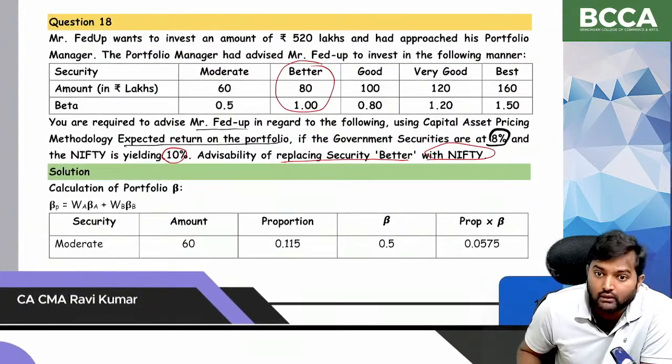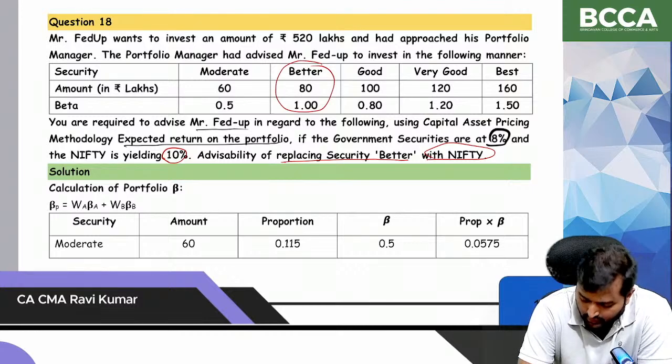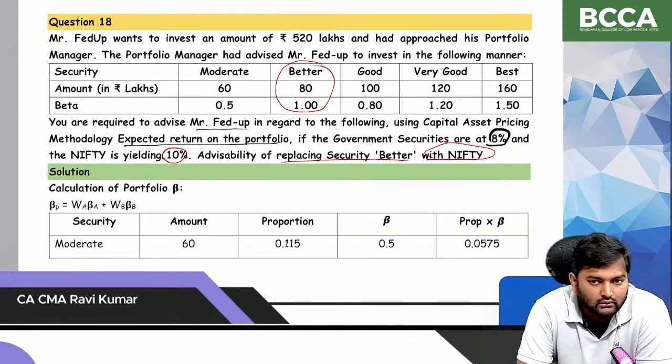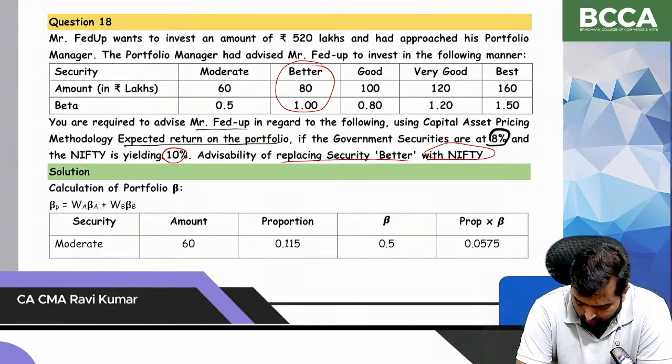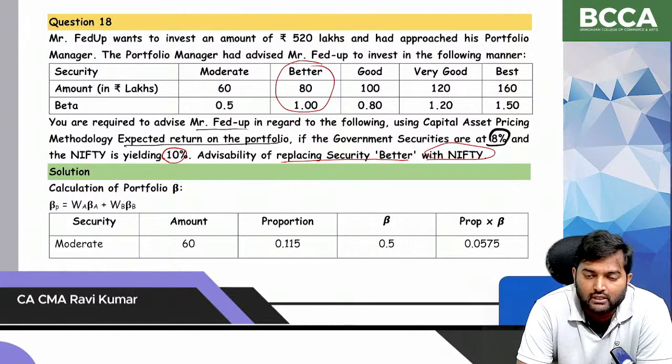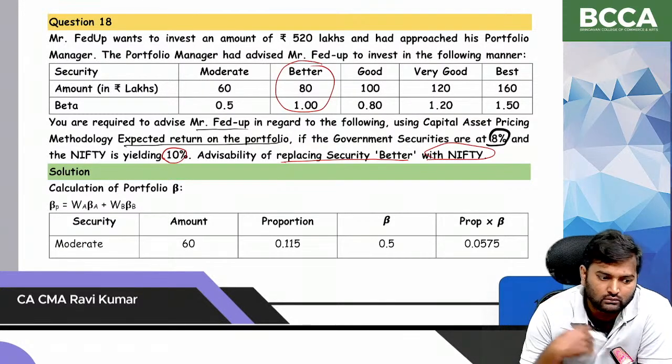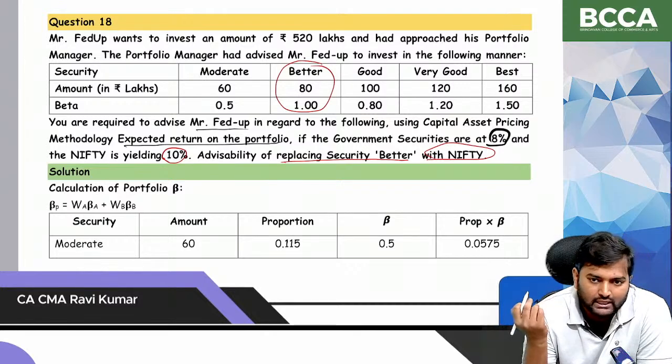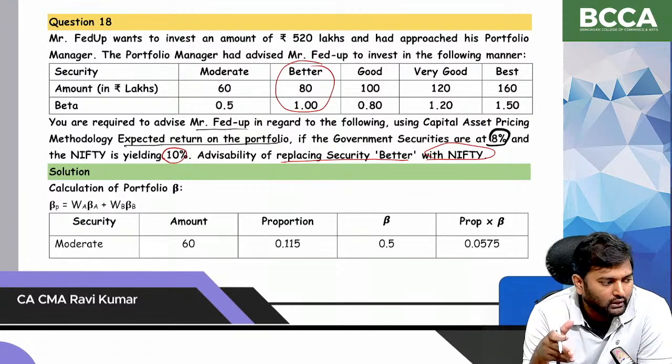If good is replaced with Nifty, then risk will increase because security good beta is 0.8, whereas market beta is 1. Portfolio beta increases. What does 0.8 indicate?